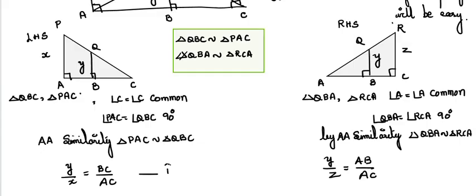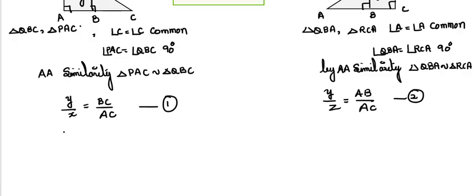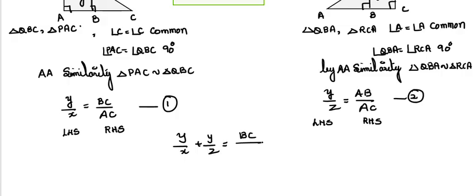Now add equation 1 and 2 as it is. LHS with LHS, RHS with RHS. So Y by X plus Y by Z equals BC by AC plus AB by AC.